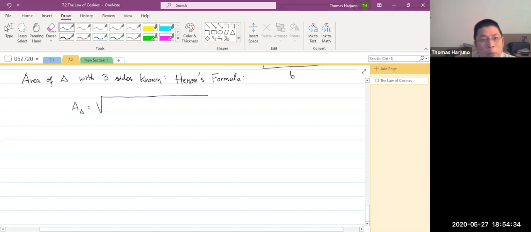The area of the triangle equals the square root of S times S minus A times S minus B times S minus C, where S is the semi-perimeter. I will not prove it, but the proof is in the book.